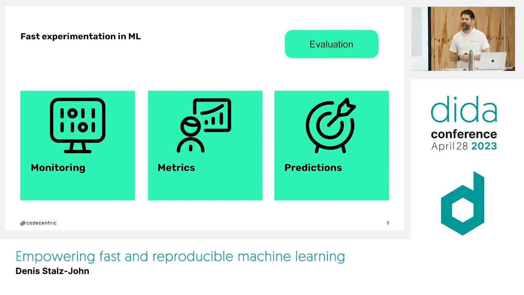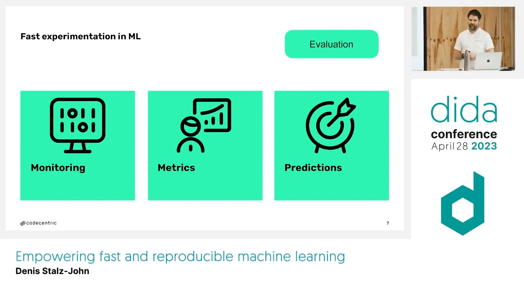Evaluation starts for me as soon as you press the start button of an experiment, because usually you want to monitor the loss if it goes down, or any other metrics, so that you may interrupt the experiments if you did something wrong. So the monitoring is one crucial part of the evaluation. Of course, the metrics are also very important during the training or after the training on the test and validation data set.